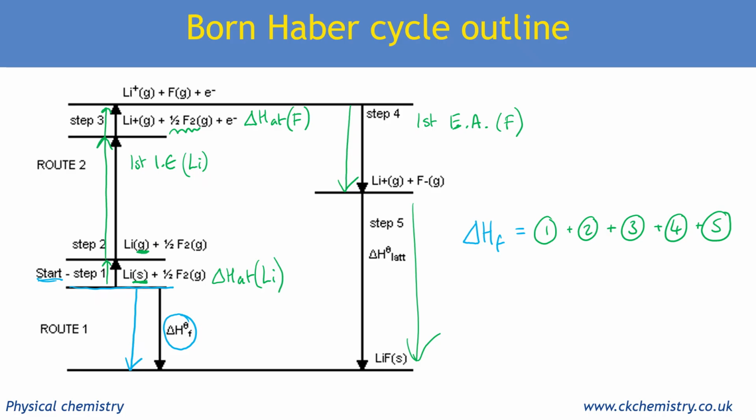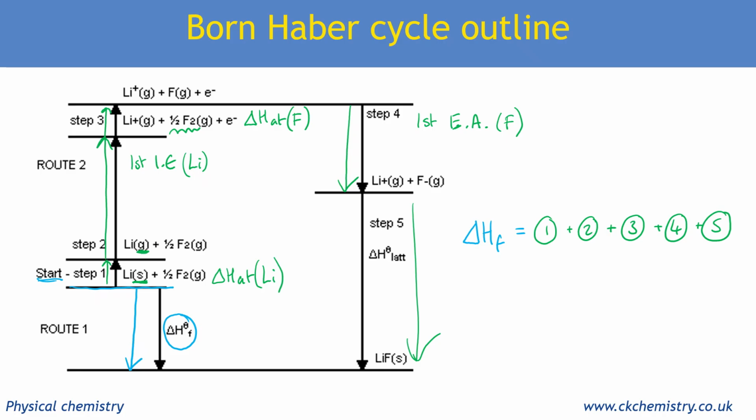So you may have learned different ways to do this. You may also be looking at this and going, well, I can see that there's a square there and a square there, and what goes up must come down, and that's all fine. But this is a really foolproof way to answer any Born Haber cycle question, because it doesn't matter which step I'm trying to calculate, I can do it with every single one of these values.